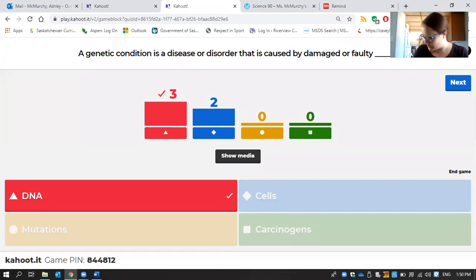Sorry, my cat is just meowing and will not stop, so I'm a little bit distracted. But yes, it's due to damaged or faulty DNA, which is within our cells.